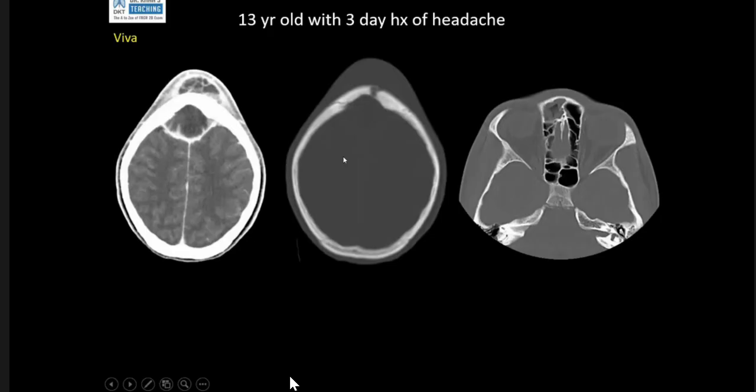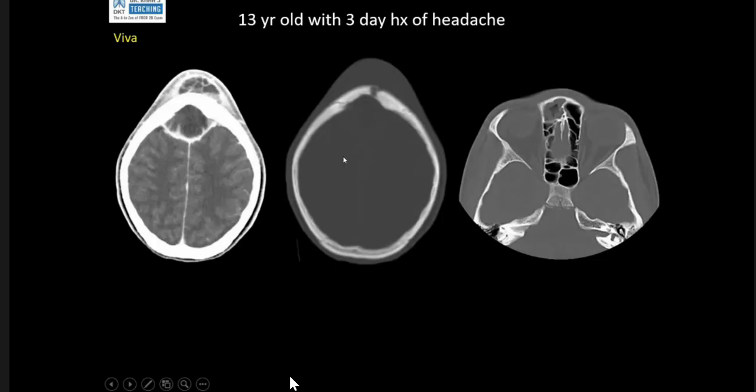In the adjacent skull bone, there is some lucency seen, a lytic area with surrounding sclerosis. So this could be a skull-based osteomyelitis, which spread into the adjacent soft tissues.